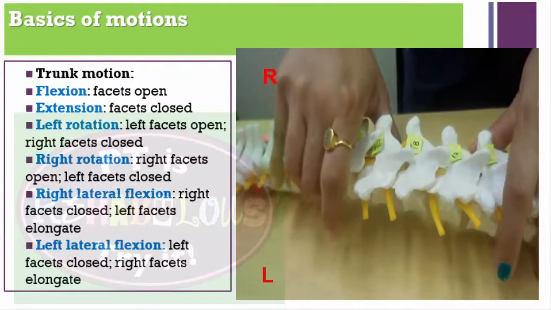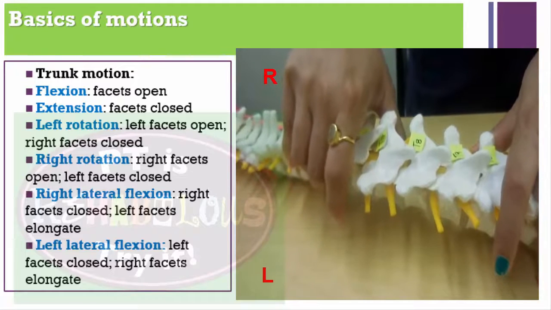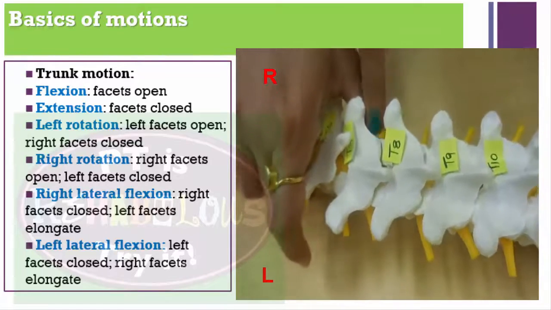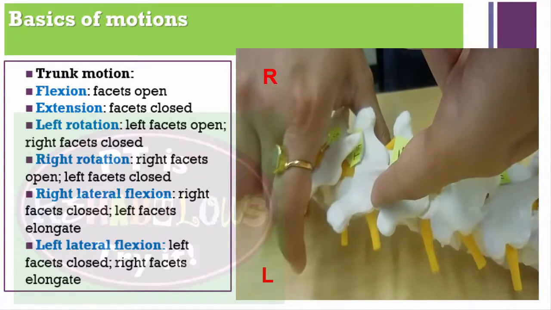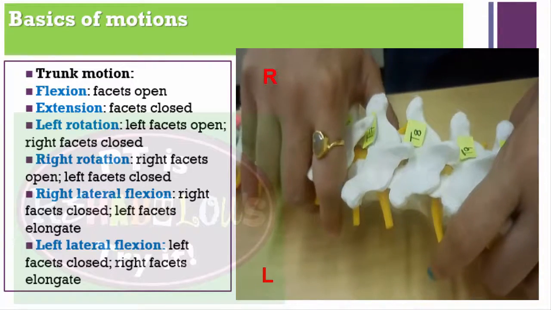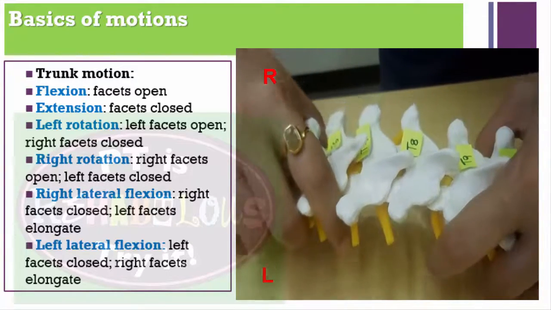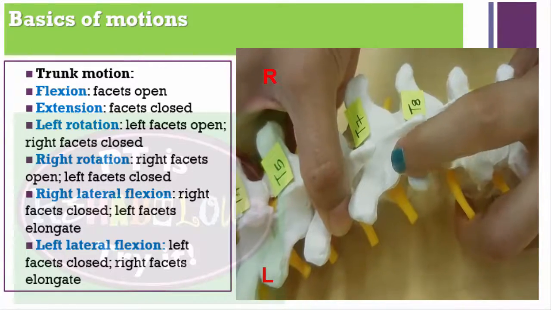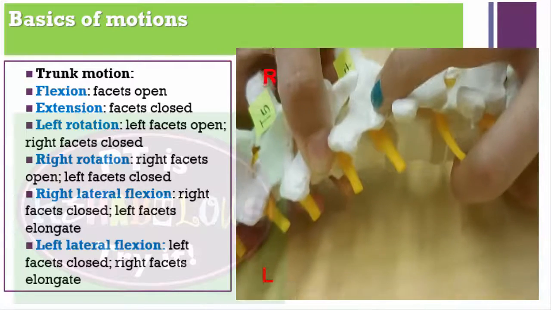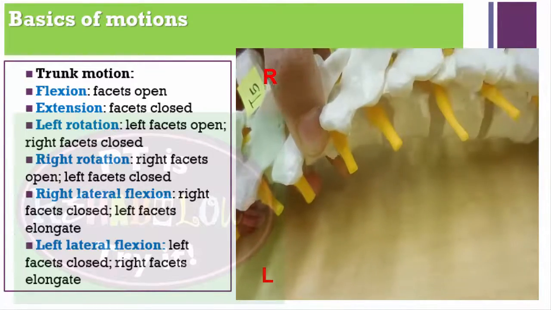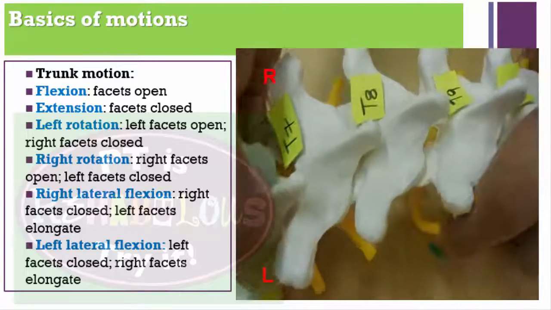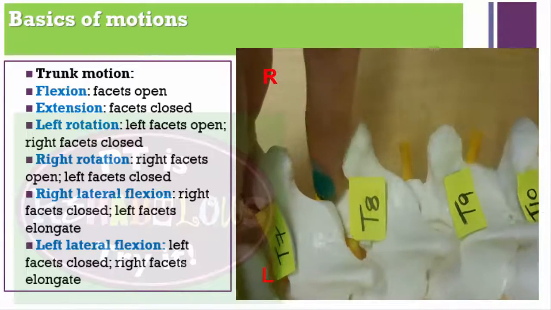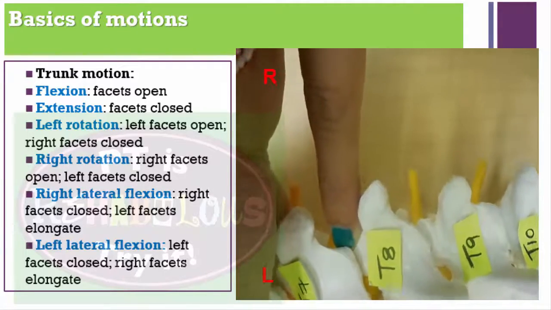If I am bending to the right side, the right facet is closed and the left facet is open or elongated. In the same way, if I am doing it on the opposite side, meaning the left side, you can notice that the left facet is closed and the right facet is open for side bending or lateral flexion. Here it is open. See, my finger is going, it's open.